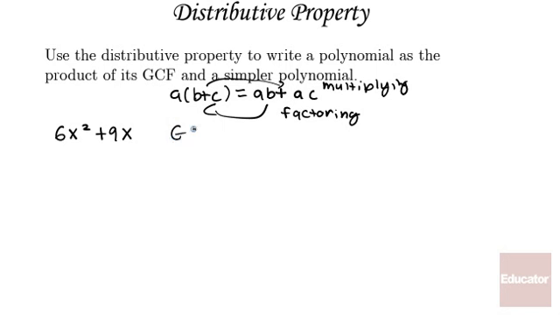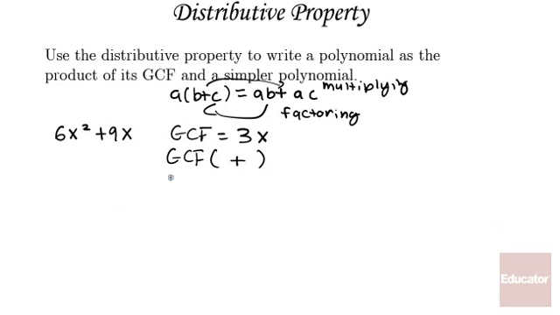So the greatest common factor here, if I look at the numbers, I have a common factor of 3. And if I look at the variables, I have a common factor of x. So I want to write this now as the product of the greatest common factor times some simpler polynomial, in this case a binomial.